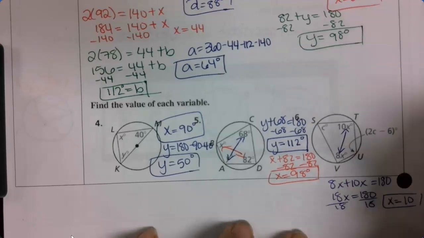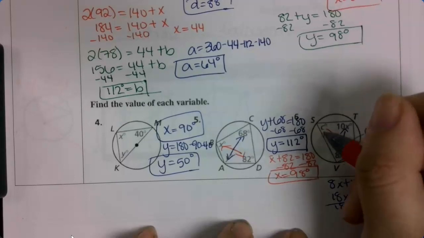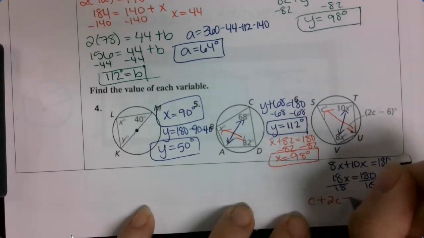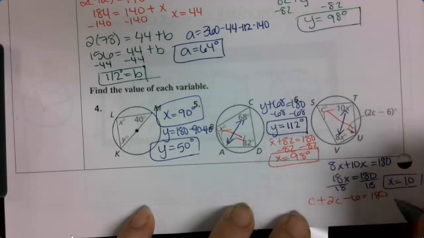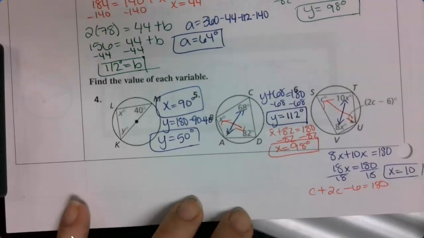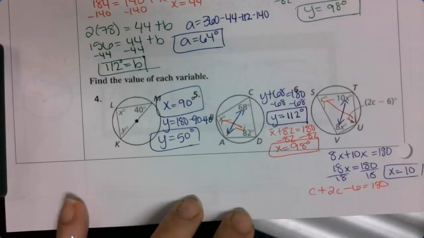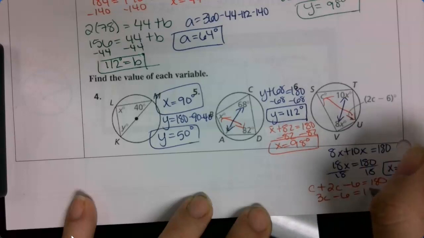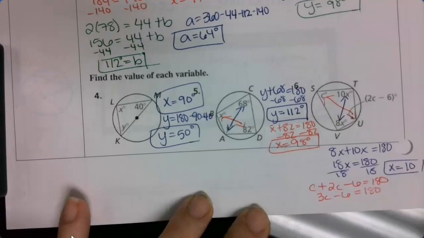And then I do the same thing for my angle S and my angle U. These ones have C's, so I have C plus 2C minus 6 equals 180. Combining like terms gives me 3C minus 6 equaling 180.